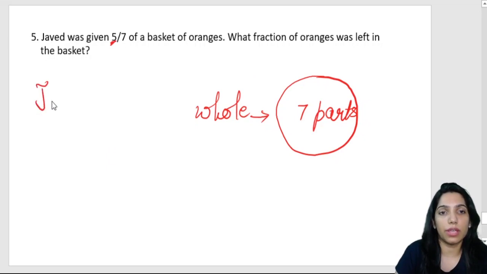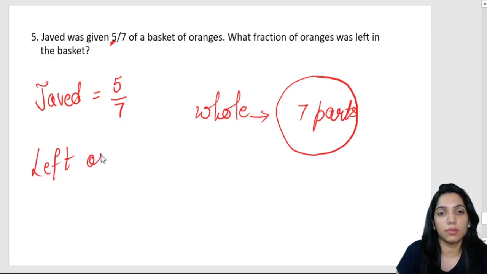So here let's write down, Javed is having how much? Javed is having 5 out of 7. Okay, and we need to find what fraction of oranges was left in the basket. So let's write down the leftover. The leftover oranges in the basket is the total number of oranges, that is the 1 whole, take away 5/7.